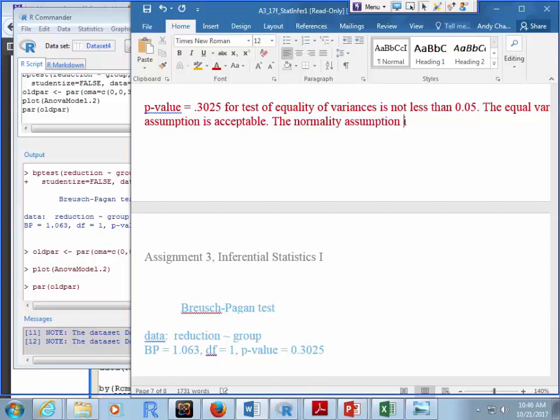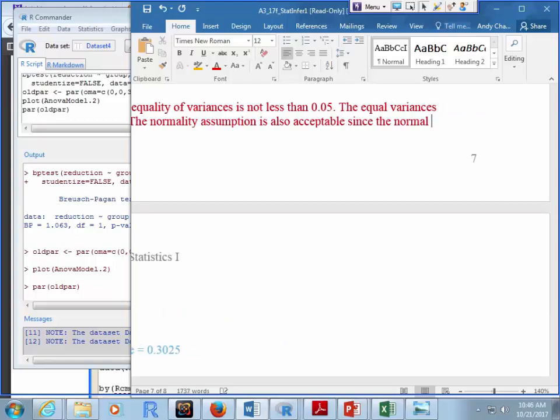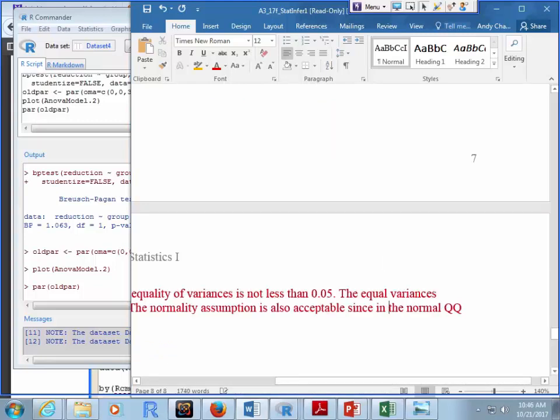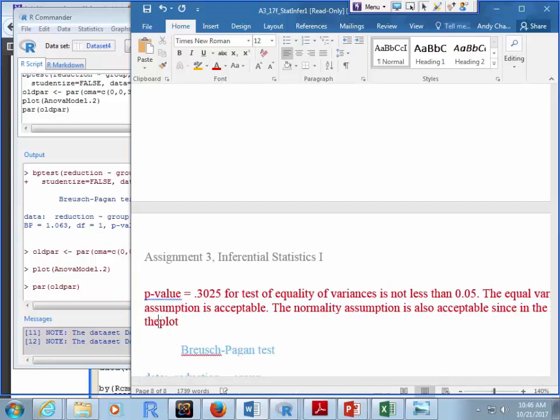The normality assumption is also acceptable since the normal QQ plot data points form a straight line pattern.